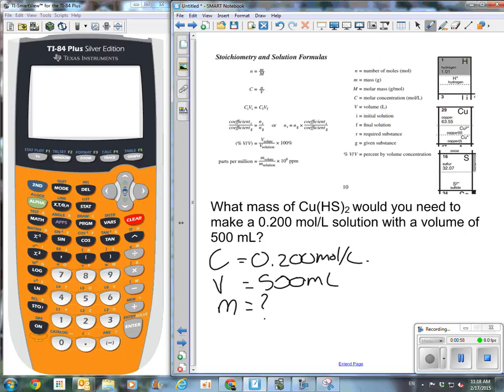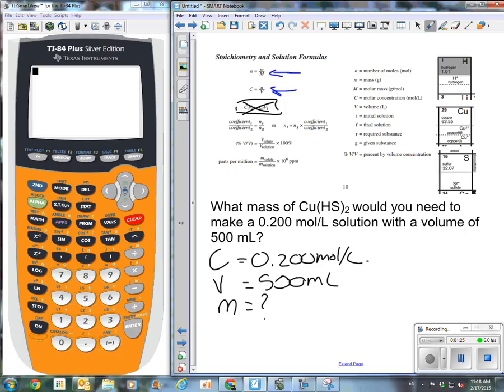Well, can I use this formula? The answer is no, because I don't have 3 out of the 4 variables that are there. So that's not going to work for me. What I'm going to end up doing for this question, like in our last lesson, is using these two formulas.